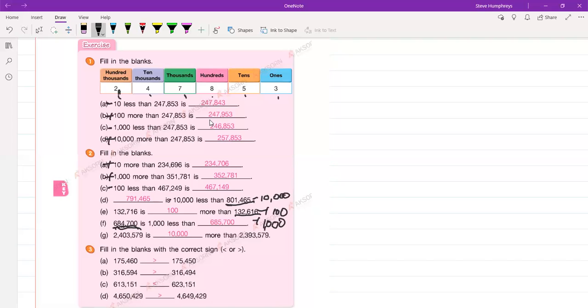Here we have a 7-digit number with millions. 2,403,579 is how many more than 2,393,579?